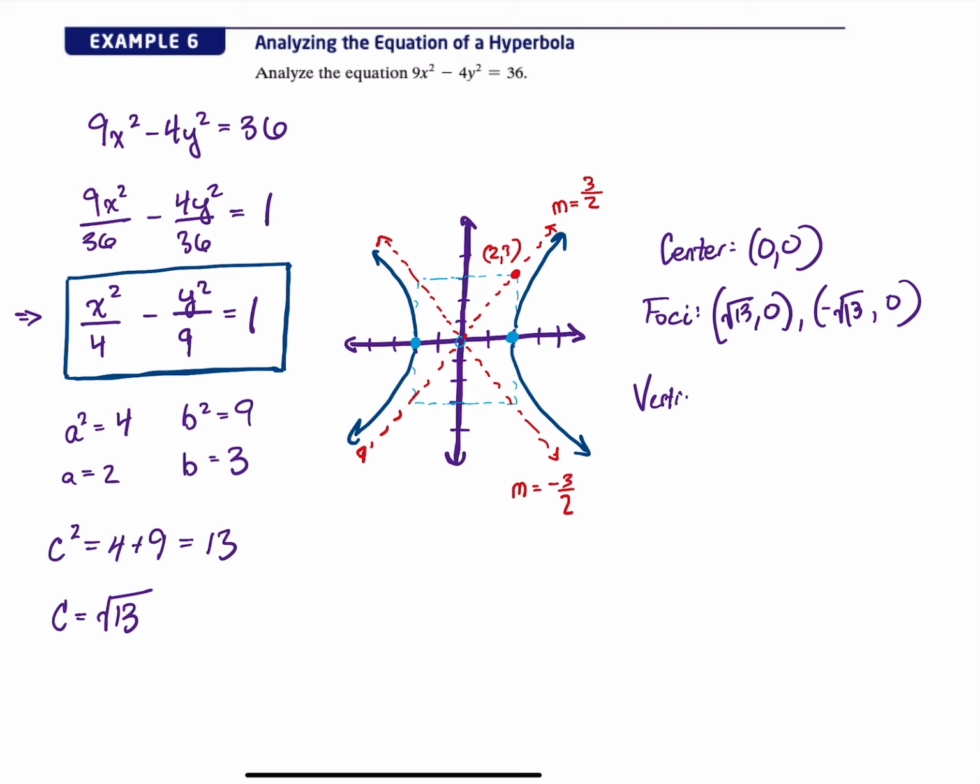Our vertices, our a value was 2, so we go a distance of 2 units to the left and right of our center point. So (2, 0) and (-2, 0). And then our asymptotes should have the equations y equals our positive slope times x, so positive 3 halves x, and y equals negative 3 halves x.